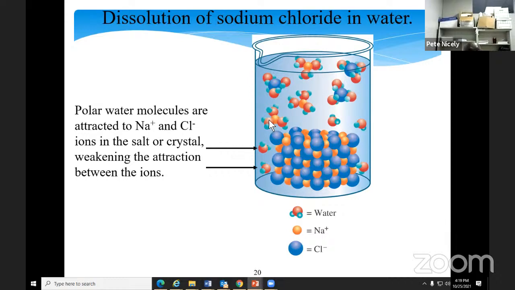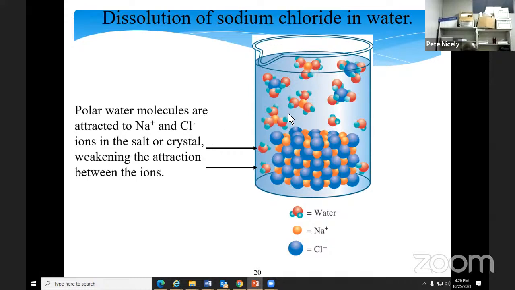And what will happen is that the water molecule will have a strong attraction for the sodium and chloride ions, and therefore pull these ions away from the general structure of sodium chloride. So for example, you see these three water molecules pulling the sodium ions away from the sodium chloride, and you see these three water molecules pulling the chloride ions away as well, all right?